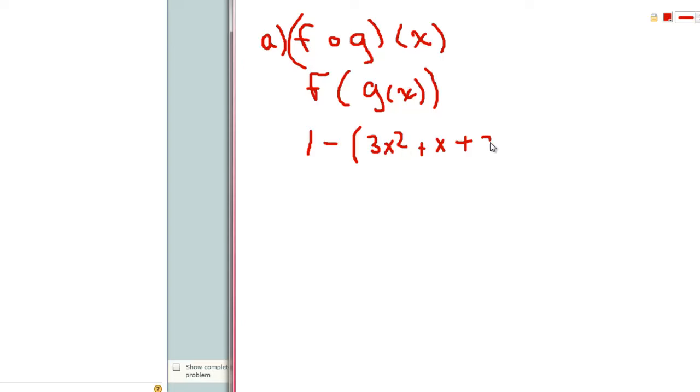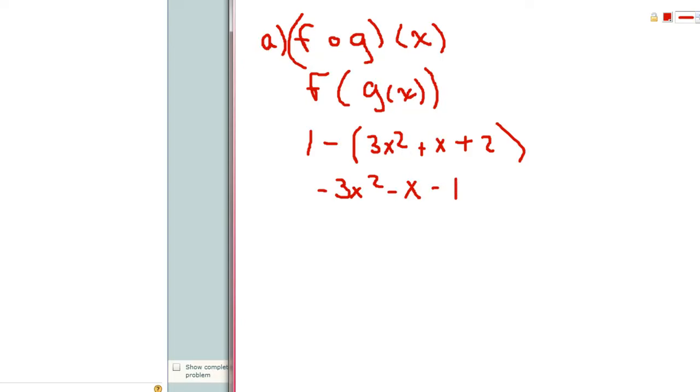And we distribute that negative sign to get 1, and I'm going to start writing it in order here, minus 3x squared, a negative and a positive make it minus x, and negative 2. Now, that negative 2 can combine with this 1, and so negative 2 and 1 make minus 1.